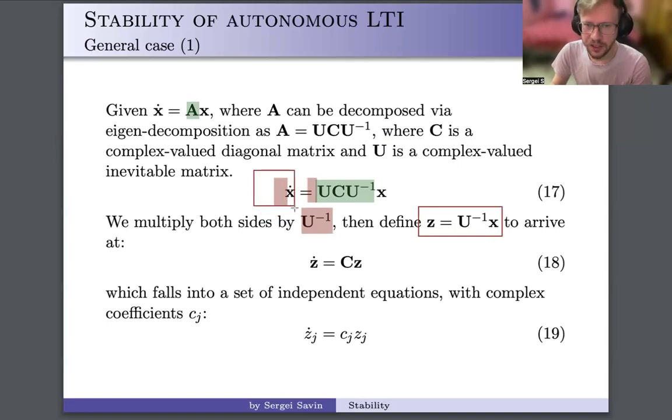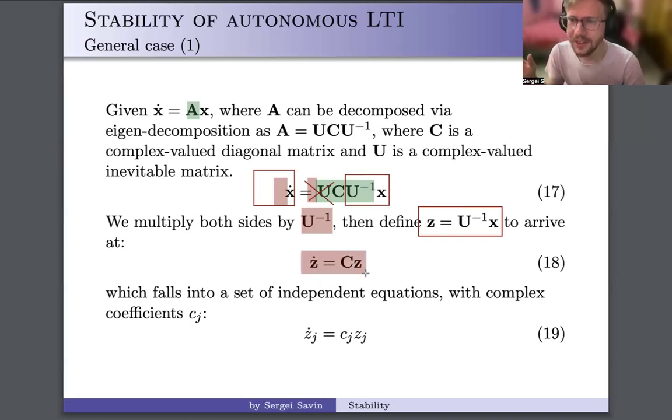So this will become Z dot, this will become Z, right? Here, as before, the terms will cancel. So we would get this expression, Z dot equals C times Z. So far, exactly the same as before, just the values are complex.